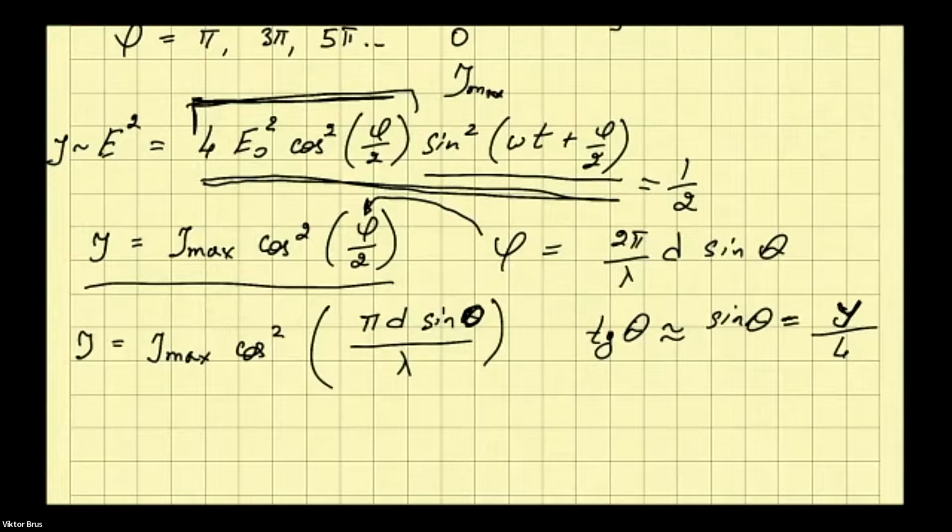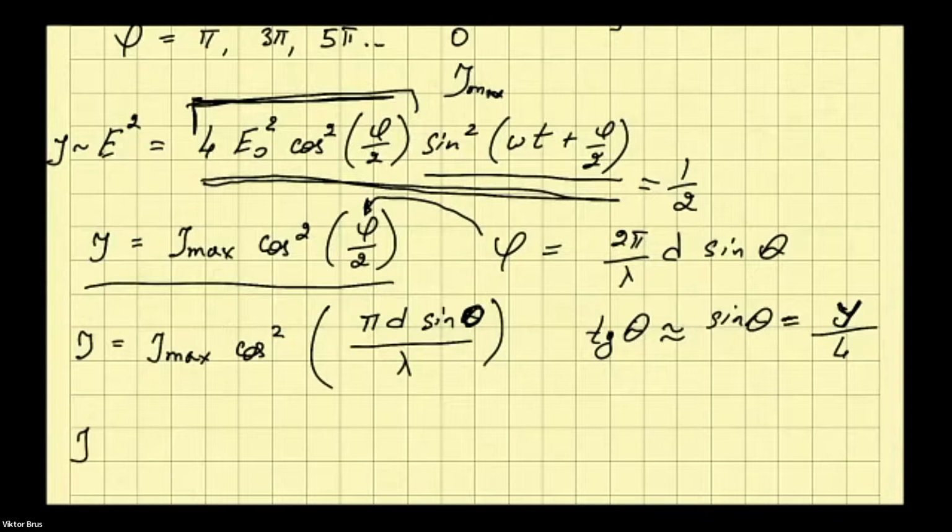So now we can substitute this sine theta with y divided by L, assuming that we do not go too far from this horizontal line, which goes through the middle of the distance between the slits. So the angle theta is small.